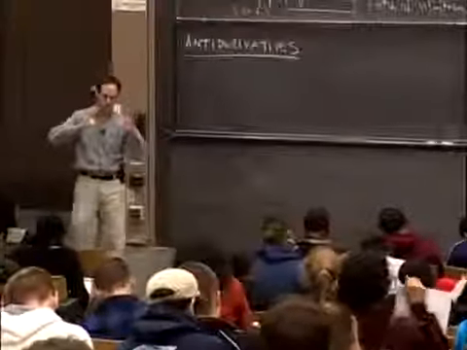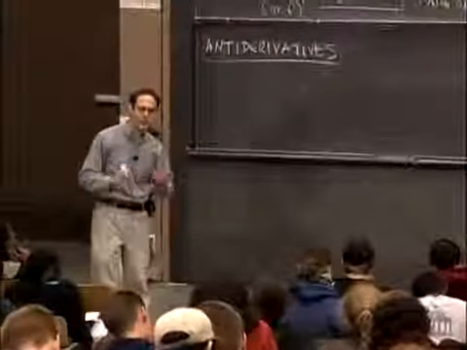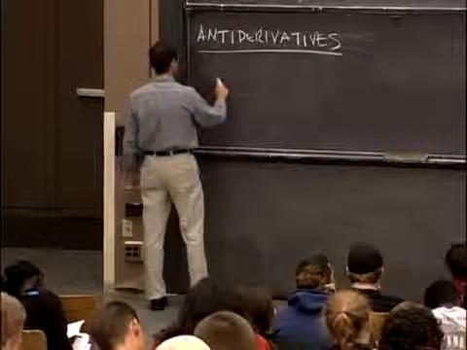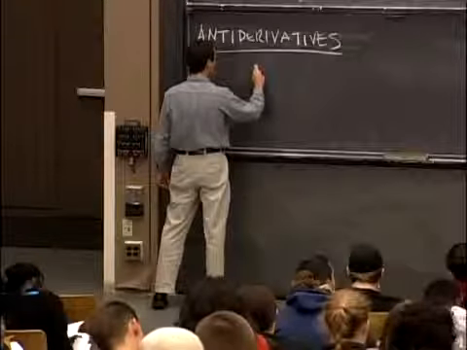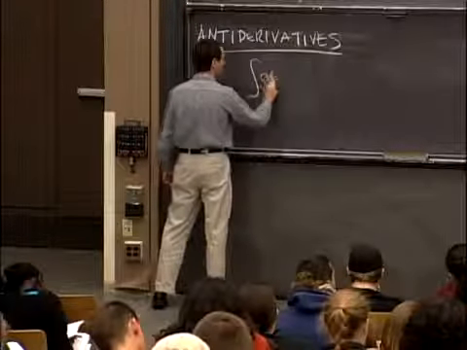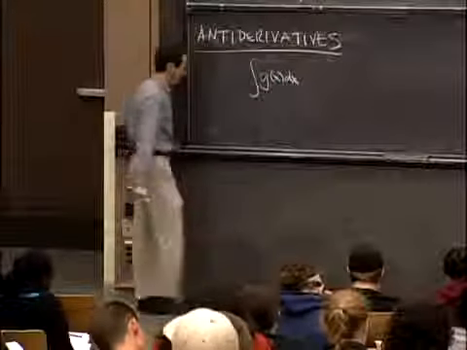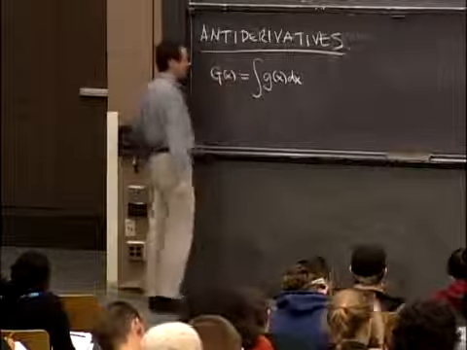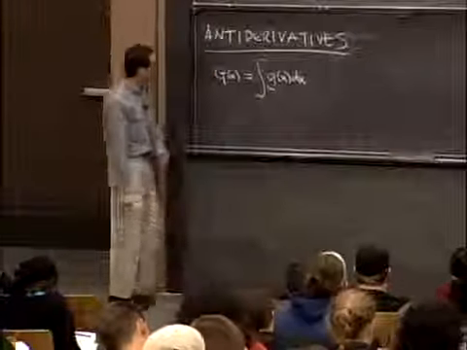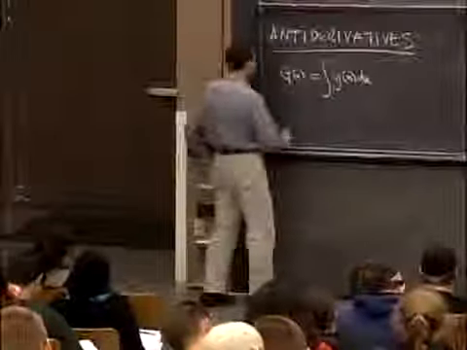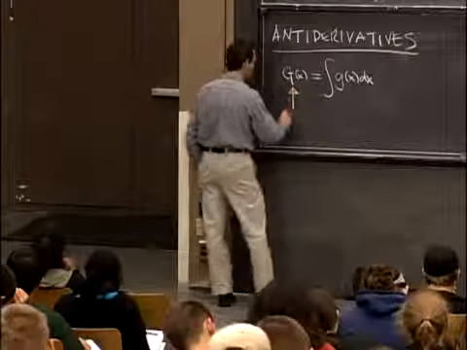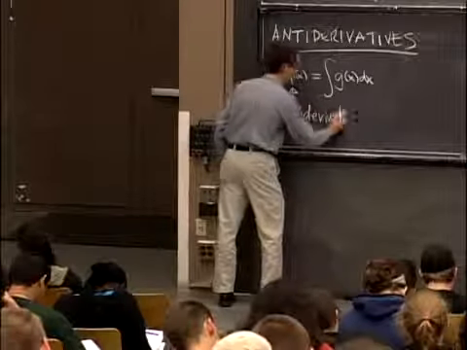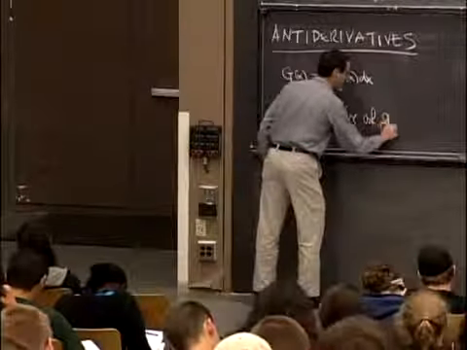Again, this is a new notation, but it's also a new idea, one that we haven't discussed yet. Namely, the notation I want to describe is what's called the integral of g of x dx, and I'll denote that by a function capital G of x. You start with a function g of x and you produce a function capital G of x, which is called the antiderivative of g.